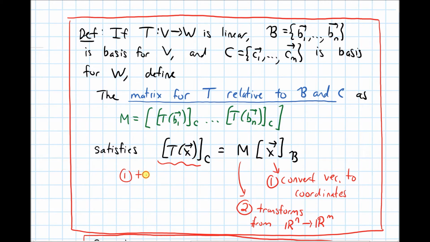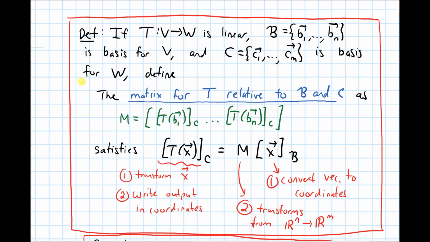We first transform x, whatever x is, and then after that, we apply the C coordinate vector to that output. So then we write the output in coordinates. This matrix M gives us another way of doing these two things, transforming x and then writing the output in terms of C coordinates. The matrix M gives us another way to do that by first converting x to its B coordinates.